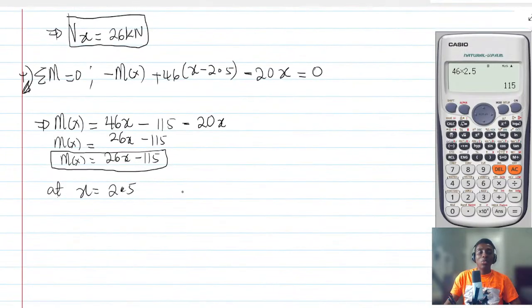The moment will be 26 multiplied by 2.5 minus 115.